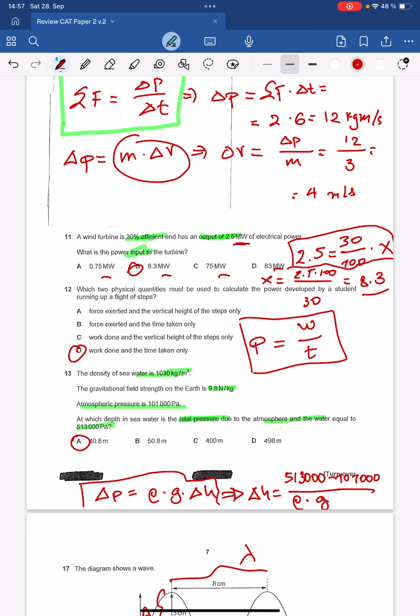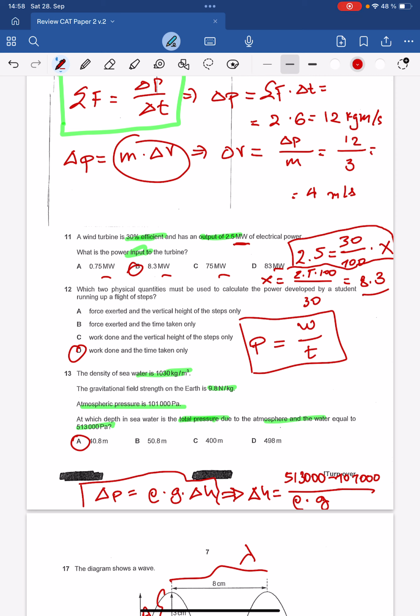It was also needed in paper 4, which you will hear me refer to again in the other video. So delta P, change in pressure, is equal to rho, density of the liquid, in this case seawater, times gravity's acceleration, times the change in height or depth. You want the change in depth, right? So delta H, if you solve that properly, is change in pressure divided by density times gravity's acceleration.